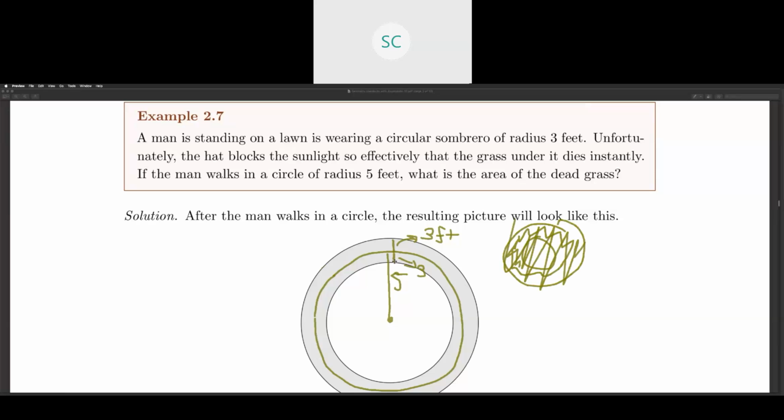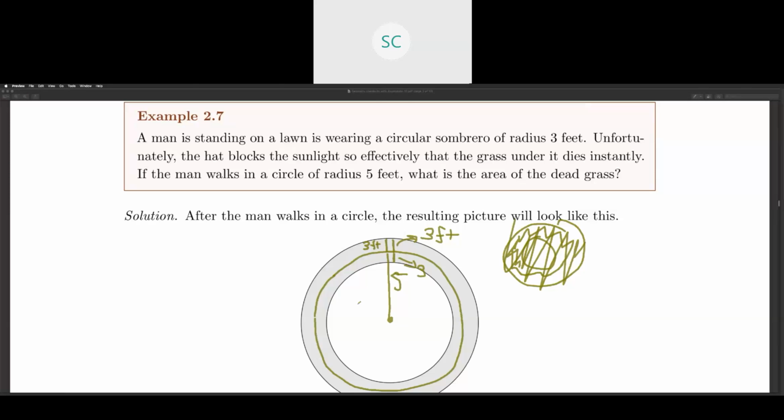We're told that this distance right here is 5 feet, and we just connect the other part to the end of this ring. This is also 3 feet because this sombrero has a killing radius of 3 feet.